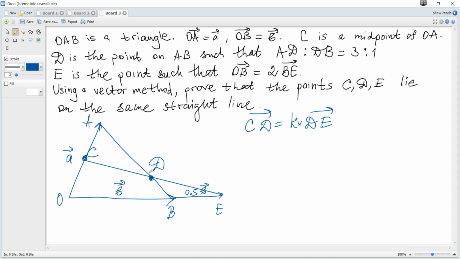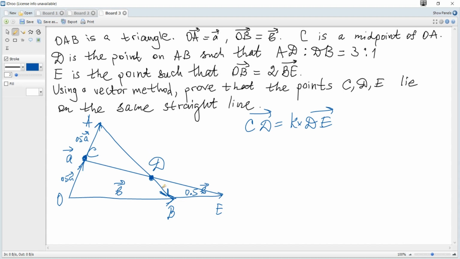So we can see that OC is 0.5a, CA is also 0.5a because C is the midpoint. And what is AB vector? Because if we know AB, we can find AD and DB. We can apply the triangle rule for the sum.